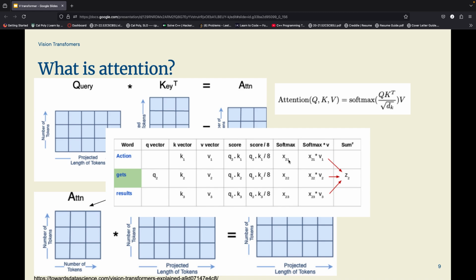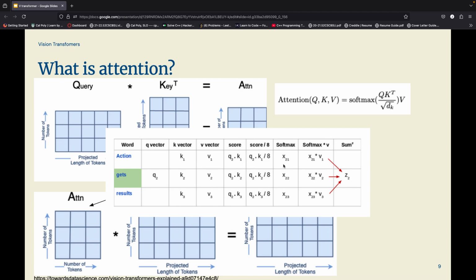Softmaxing basically makes it so all of our values add up to 1, and because of that, the higher the score in our softmax value, the more attention our query gives to other keys, and that is summed up at the end once we multiply that by the value of each token.